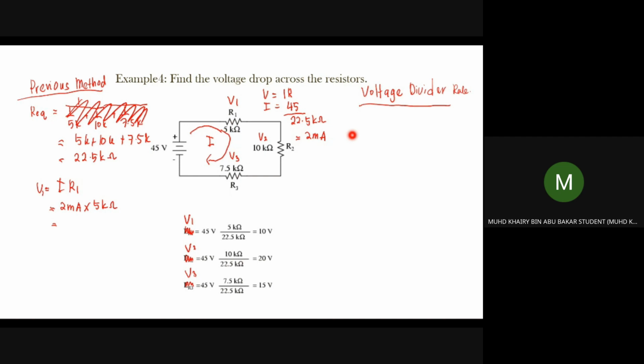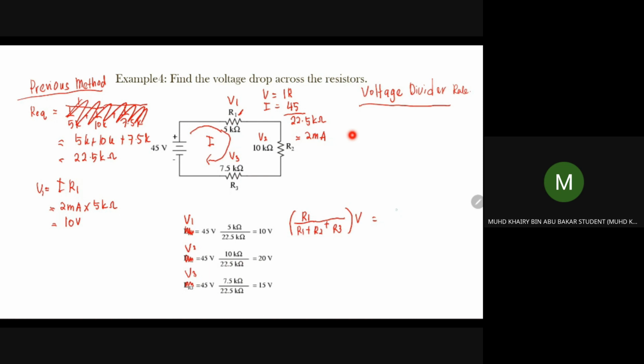10 volt, madam. 10 volt. Okay, so 10 volt. If you use the voltage divider, to calculate V1, you use R1 over R1 plus R2 plus R3 times the voltage.